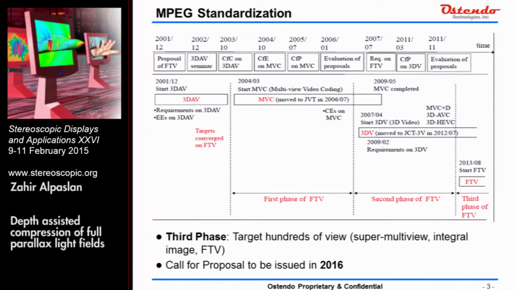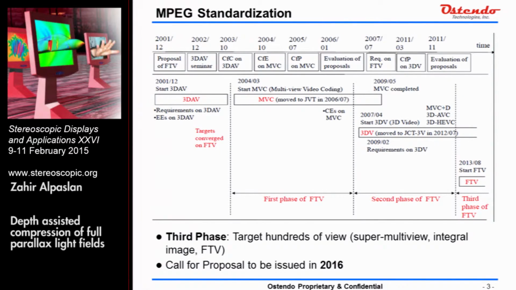Just a quick idea of what the MPEG committee has been doing in relation to 3D video compression. They started standardization of compression methods for 3D video in 2001, and it has been divided into 3 phases. The first phase targets multi-view content, and resulted in the standard being used in 3D Blu-rays nowadays.